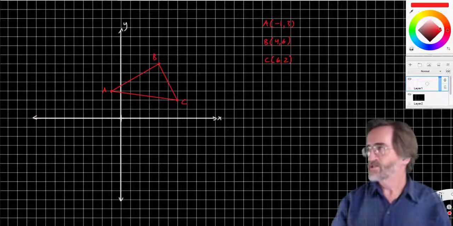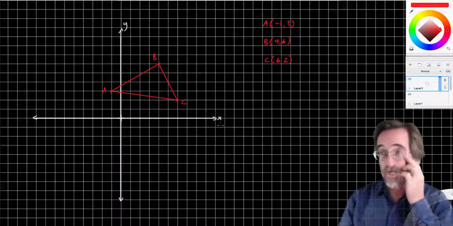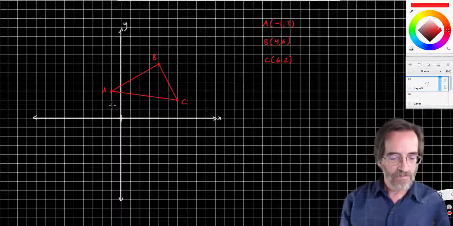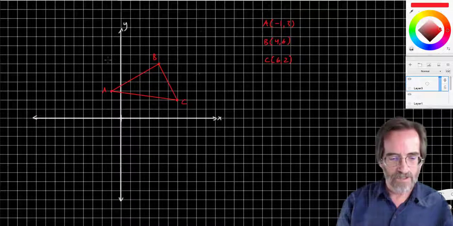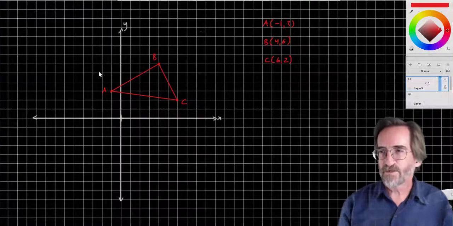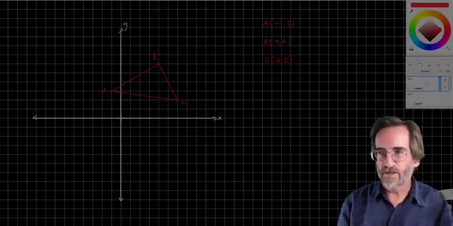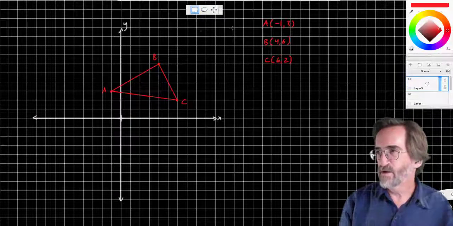Okay, so let's create a new layer here because I don't want to change this screen. So I'm going to take a screenshot, and we're going to paste it over here. Actually not a screenshot. Let's just do a video capture.